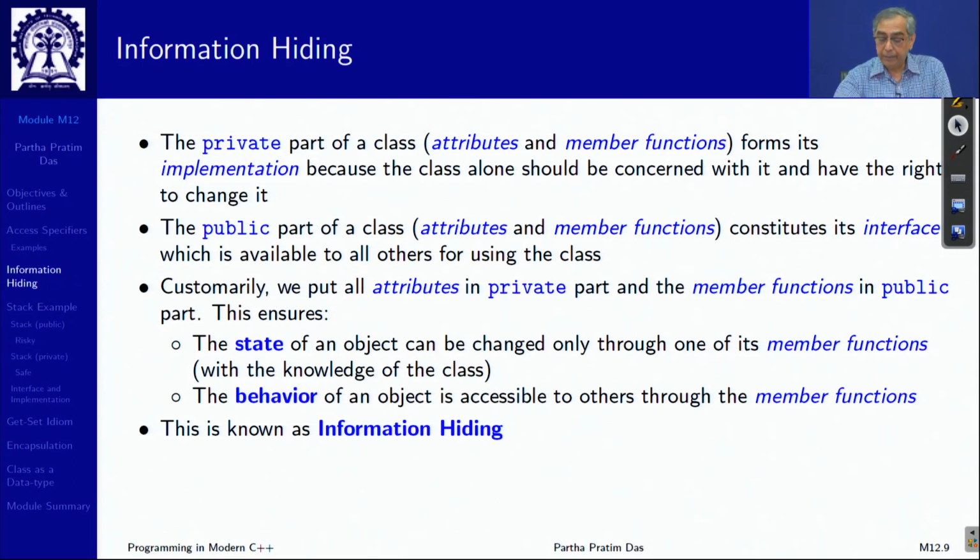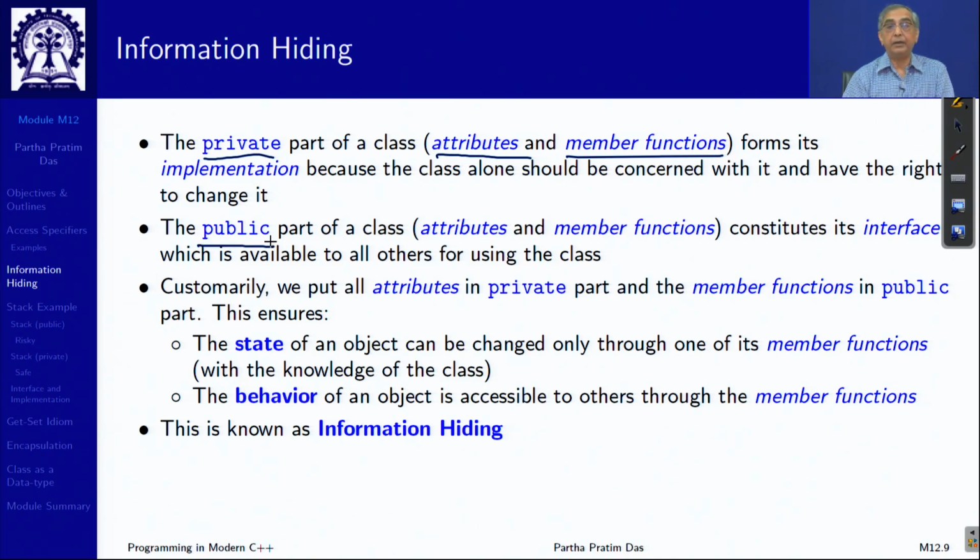So, when I say private members of a class, whether they are data members or member functions, they are necessarily how I have implemented it, and I have a right to change it any time, as long as I do not change the interface. And what is the interface?